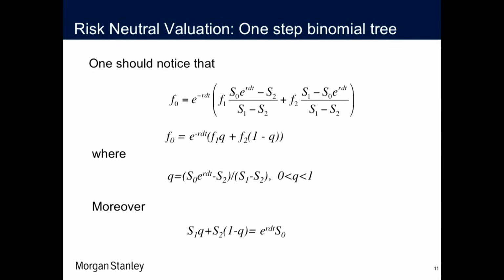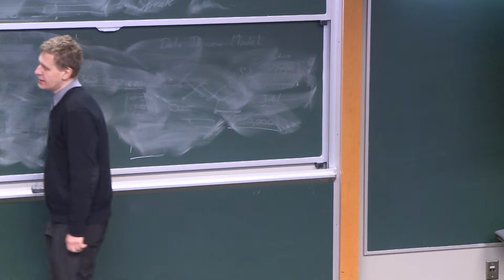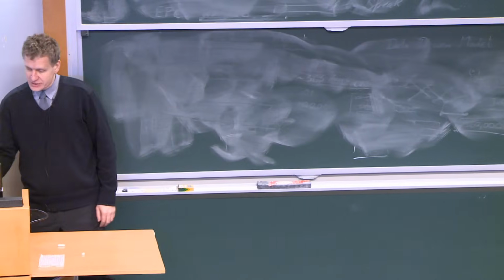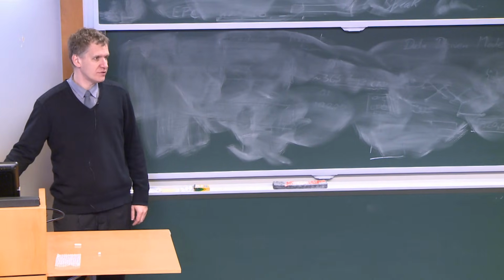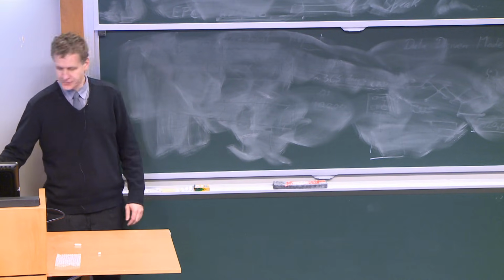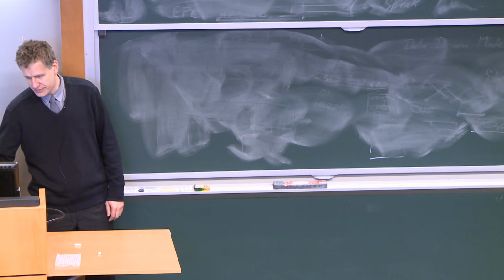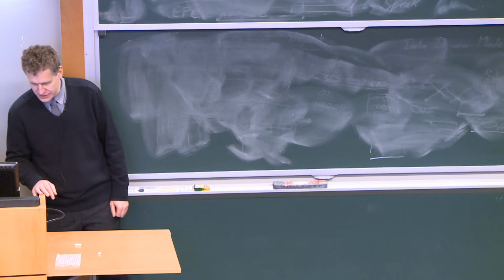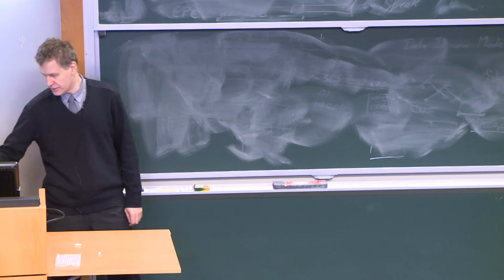In fact, it's something different. But such a probability exists, and the measure where our stock behaves like this is called a risk-neutral measure, or martingale measure. And in this measure, as we'll see, the value of the derivative will be just the expected value of our payout. And that's what I'm trying to say here.